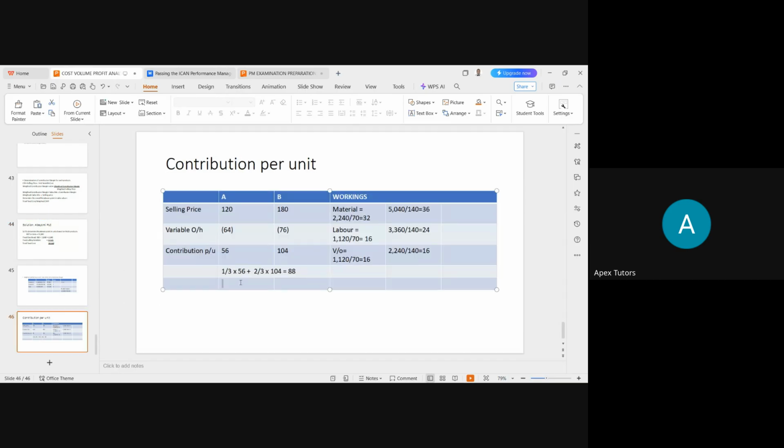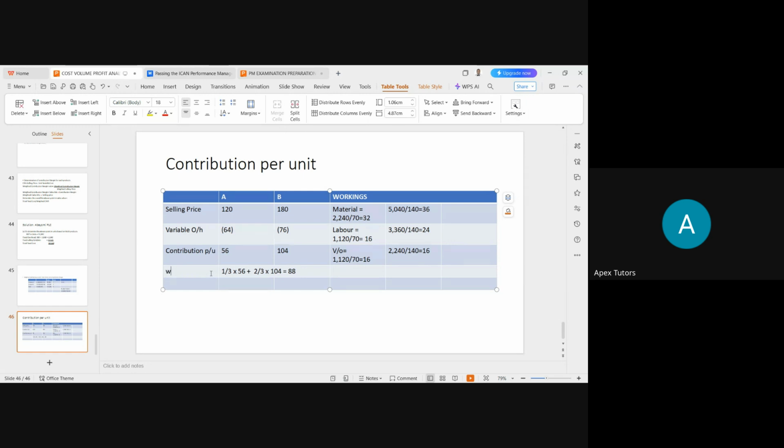Now, since we've determined our weighted contribution, which is 88, we can now determine our break-even point for the overall product, for both products.